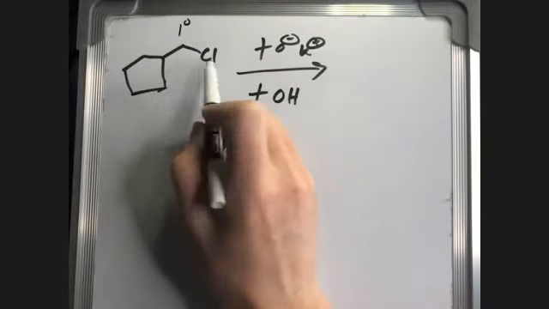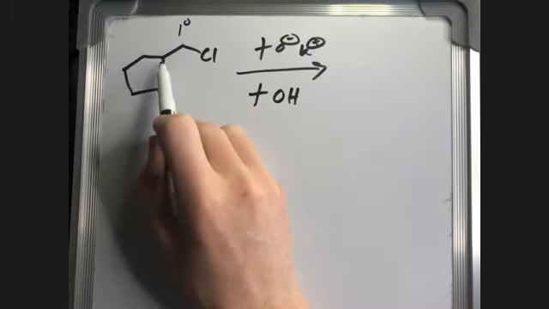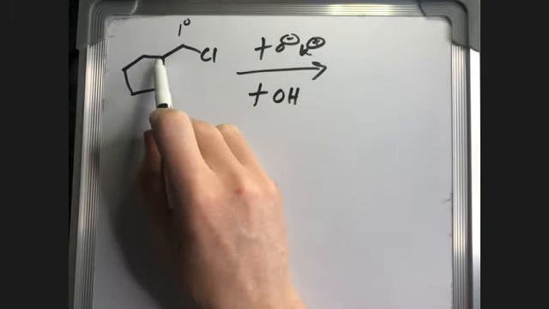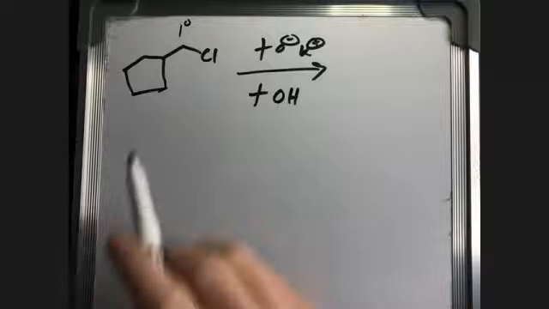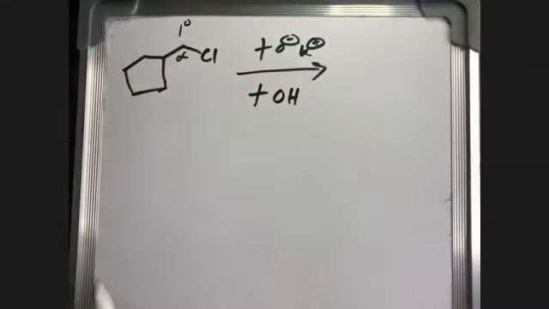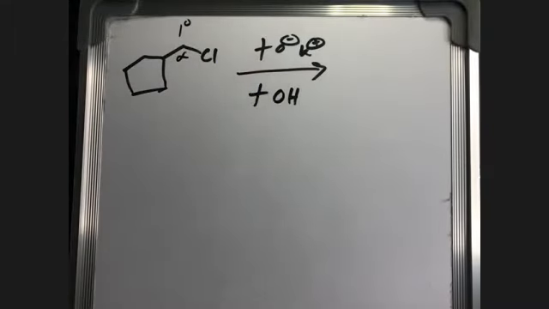This center, the one that's bound to the halide, is only bound to one carbon. Well, that carbon is bound to a bunch of other carbons, but we don't care, right? We're interested in just the alpha carbon, which is primary in this case. So that is suggestive of Sn2, like I first mentioned, just because most of the situations with primary will result in Sn2.